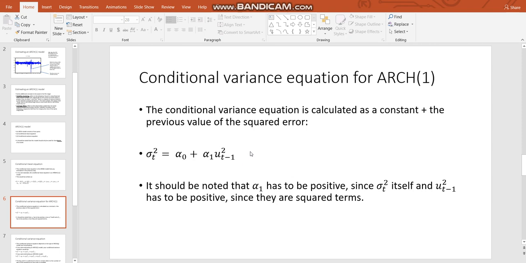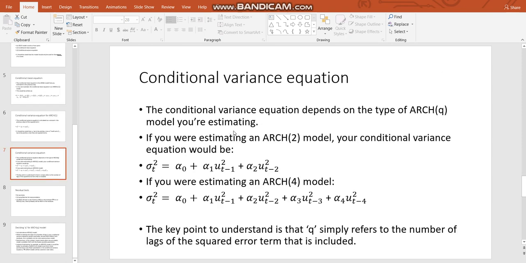And if we had an ARCH(3) model, it would be alpha 0 plus alpha 1 u squared t minus 1 plus alpha 2 u squared t minus 2 plus alpha 3 u squared t minus 3. So just bear in mind that the number in brackets is the number of lags of the squared error that you're going to have for your conditional variance.